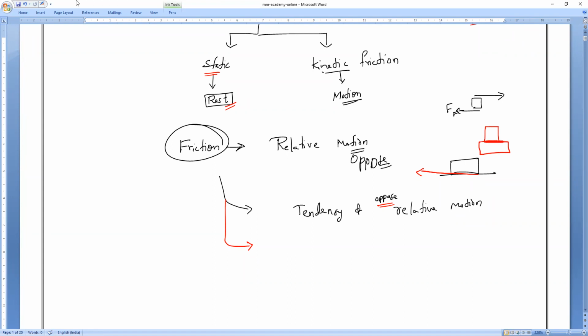All of you remember, it will always act tangentially along the contact. What do you mean by tangentially? Along the tangent, along the contact. That is what we call tangentially along the contact.